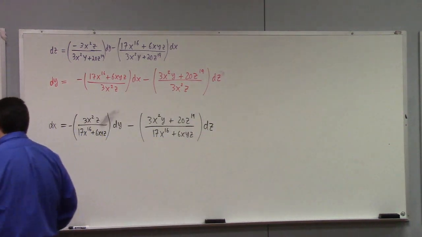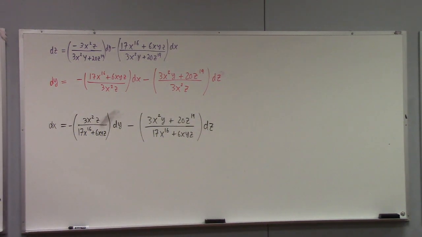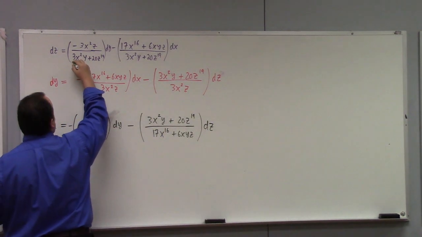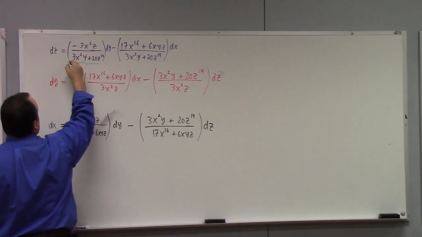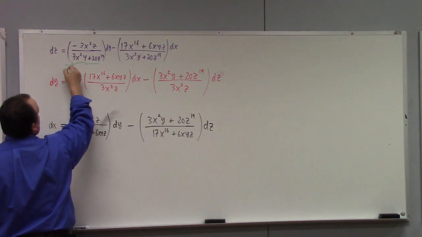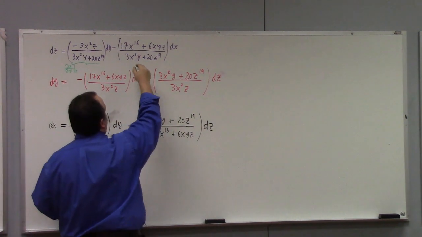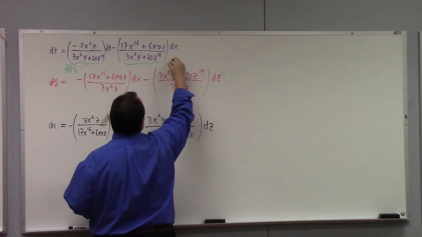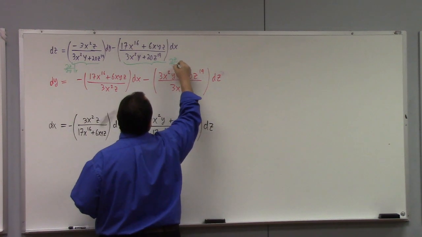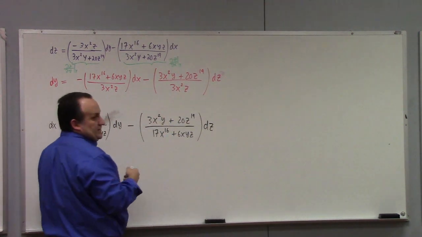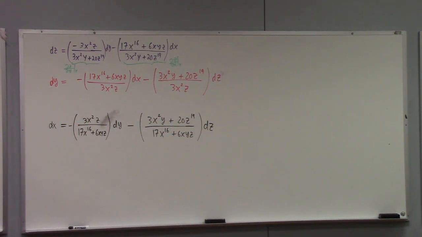Let me just start telling you, like this one right here, what is this? This is partial z, partial y, holding x fixed. This guy right here, with the minus included, is partial z, partial x, holding y fixed. So think about it this way. If you want to calculate partial z, partial y, holding x fixed, you put dx equals to 0.